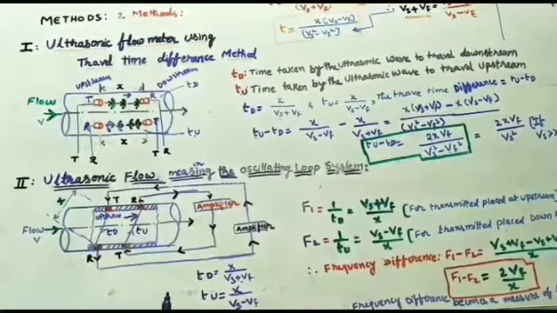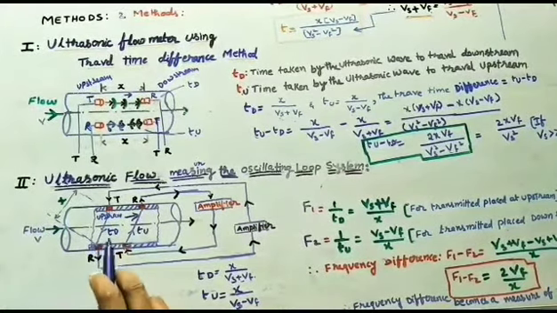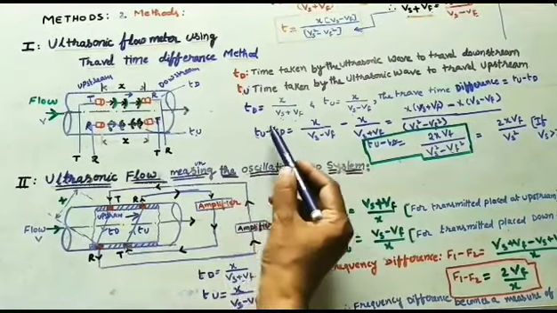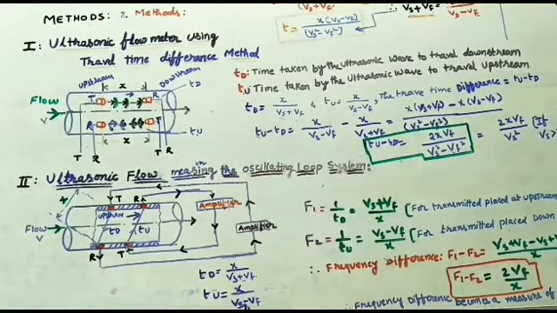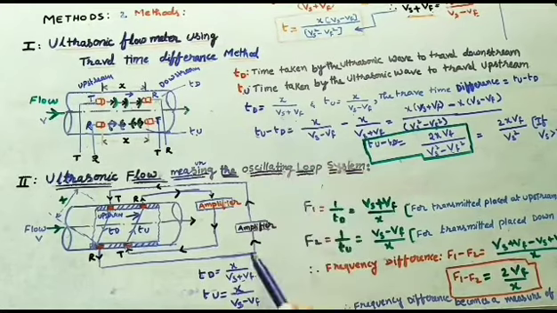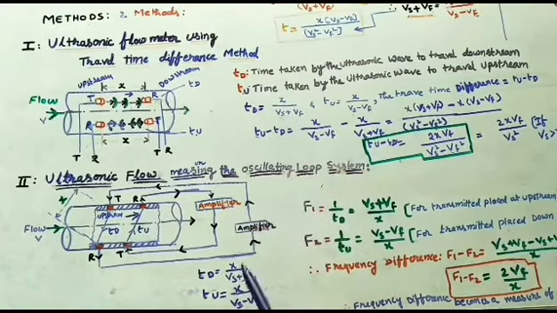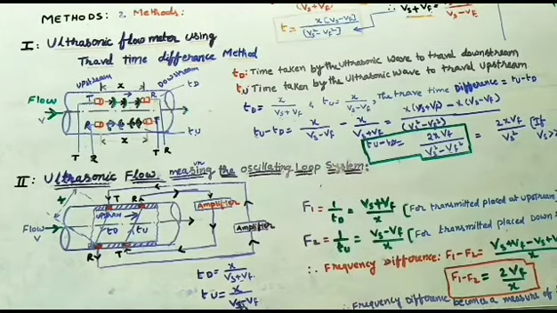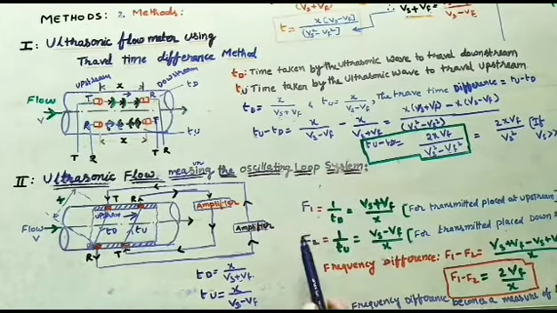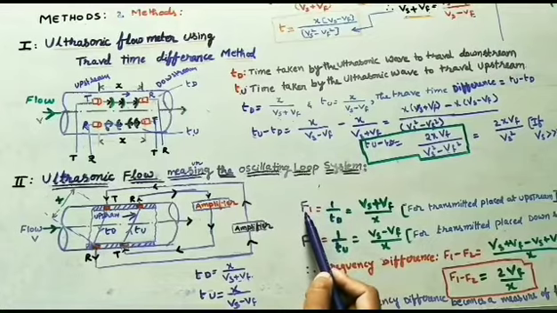Now in this arrangement, calculating TD and TU similarly, we get the same equations: TD is x divided by Vs plus Vf, and TU is x divided by Vs minus Vf. Now here what we are doing is finding frequency.